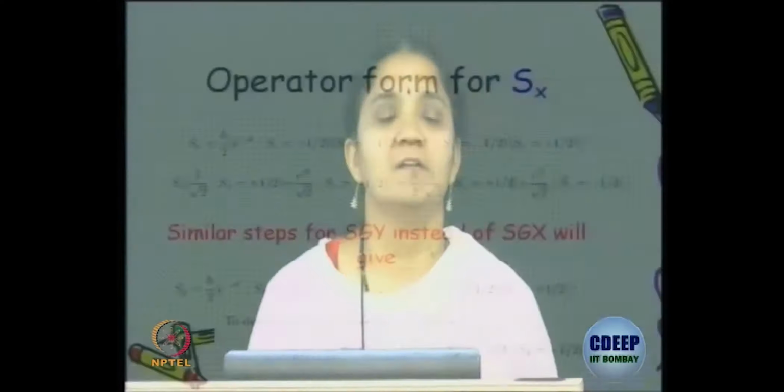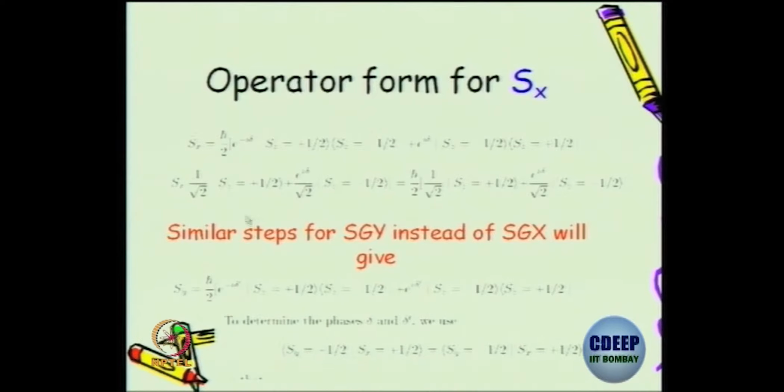Okay. So similarly, instead of putting it through SGX, you put it through SGY. Instead of SGX, if you had put it through SGY, then for an arbitrary eigenstate, the same argument applies. There will be 2 eigenstates for the Sy operator, and you can write the states of the Sy operator again as a superposition of Sz eigenstates with a different phase factor.